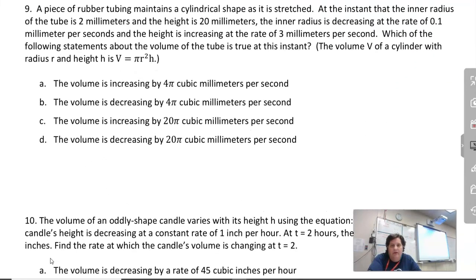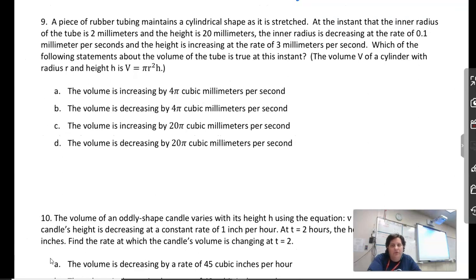All right. We've got this rubber tubing that is maintaining its cylindrical shape as it's stretched. I really need to look at my cylinder. So the radius and the height are both changing.